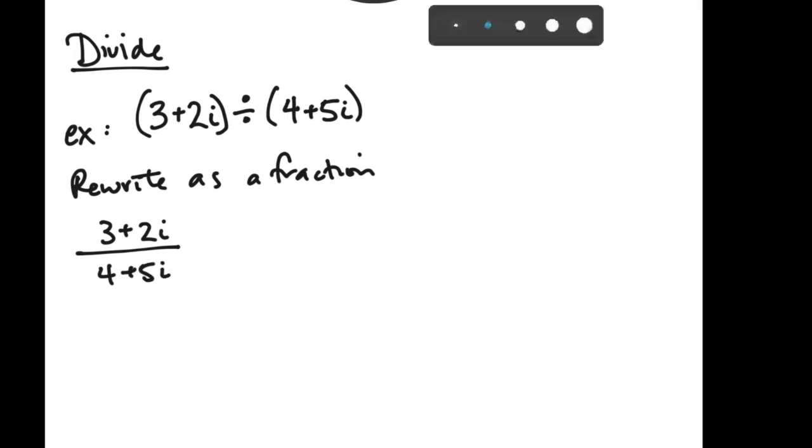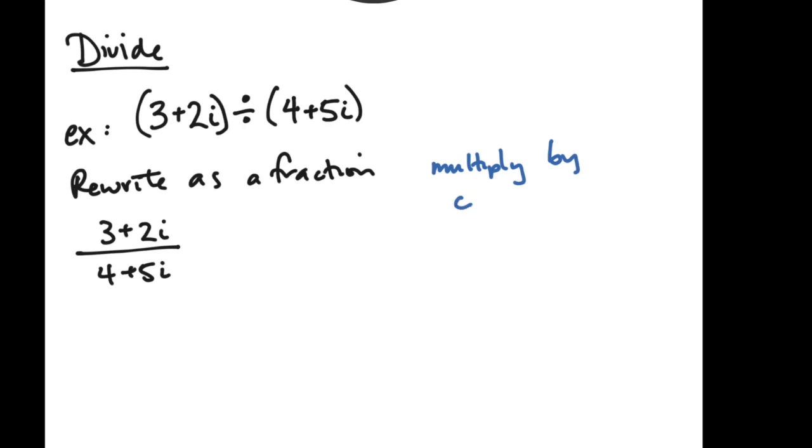In math, we don't like to have the letter i in the denominator, so we have to multiply by something to get rid of the i on the bottom. To do that, we multiply by what's called the conjugate. The conjugate is just basically the same thing with a different sign.